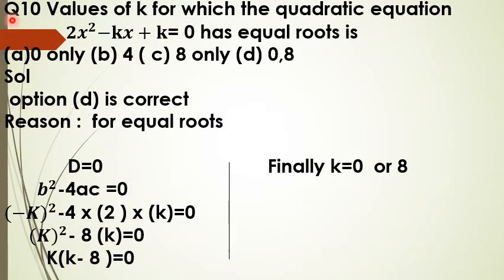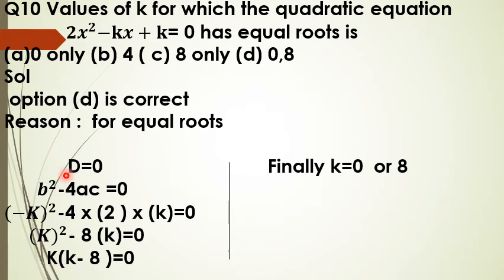So let us come to question number 10. Find the values of k for which the quadratic equation 2x square minus kx plus k equals 0 has equal roots. Here which option is correct? In the question it is given that the quadratic equation has equal roots. So we know that when the quadratic equation has equal roots, the discriminant is equal to 0.